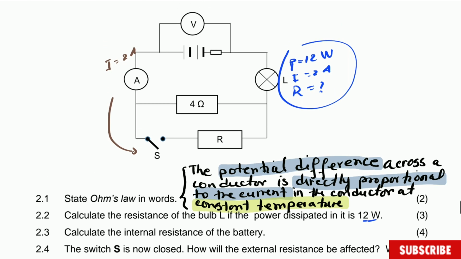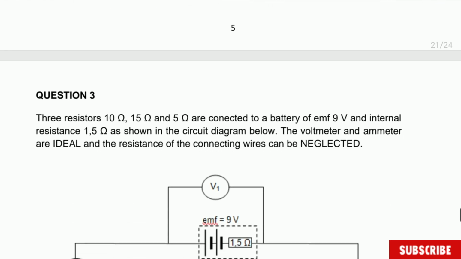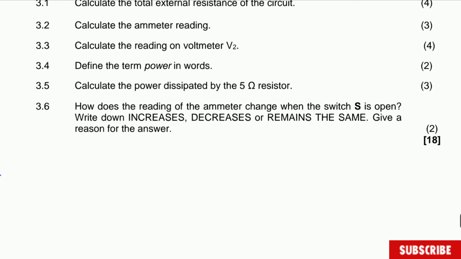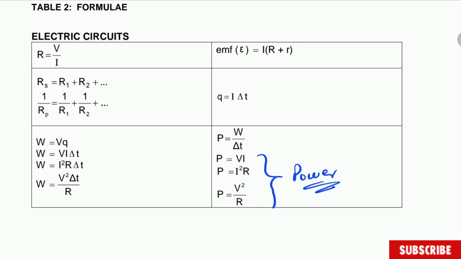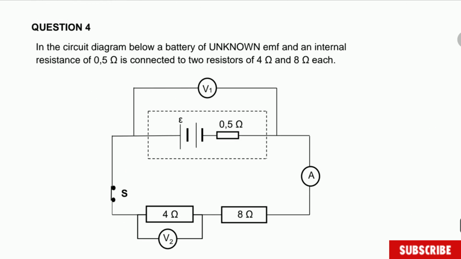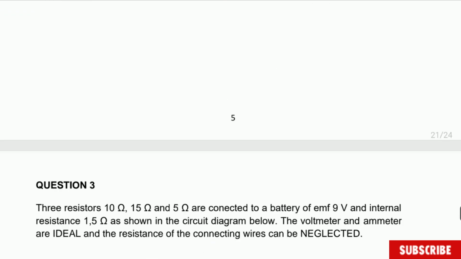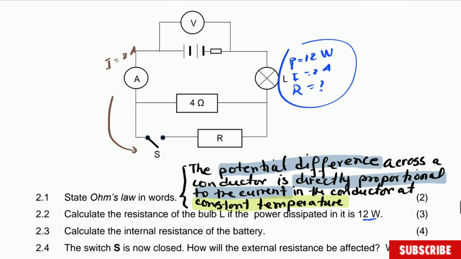If you go to the formulas that you need on electric circuit in this test, the equations of power are here. So which equation can help us according to what we have? The one with current that has that relationship there. So we go back to the question and write the formula.